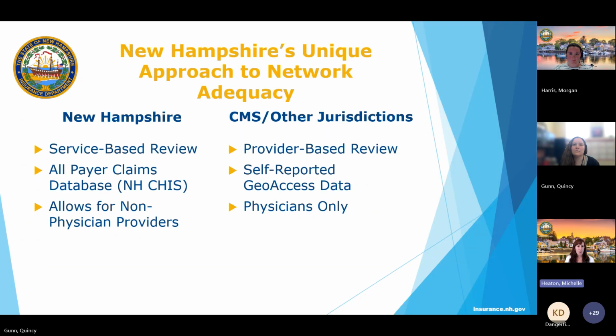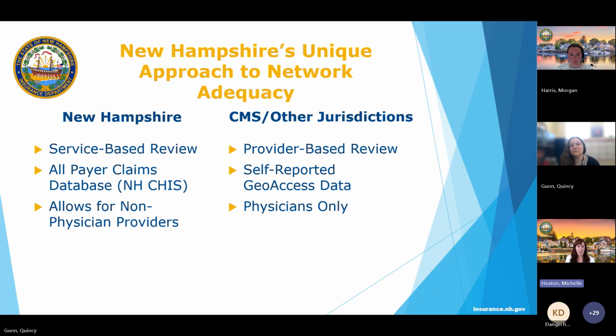New Hampshire's approach is a little bit different compared to CMS and other jurisdictions. In New Hampshire, we take a service-based approach, whereas CMS and many other jurisdictions take a provider-based approach.